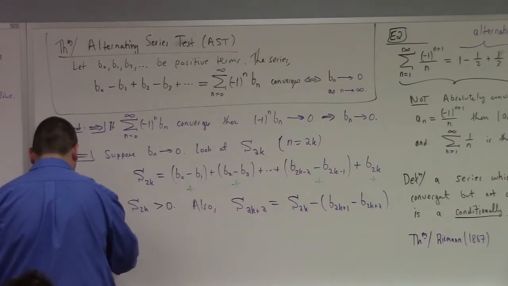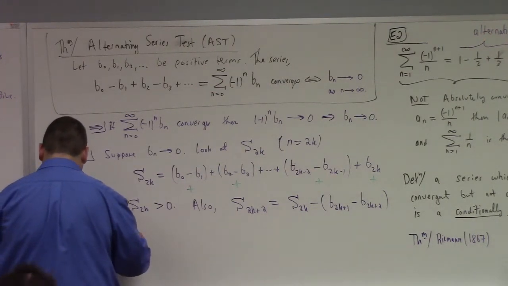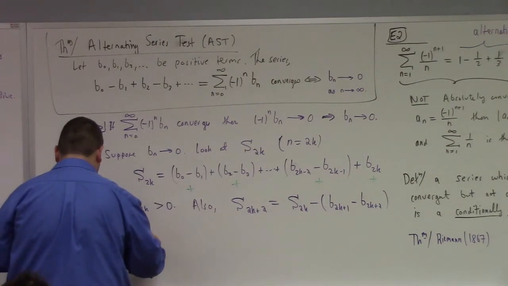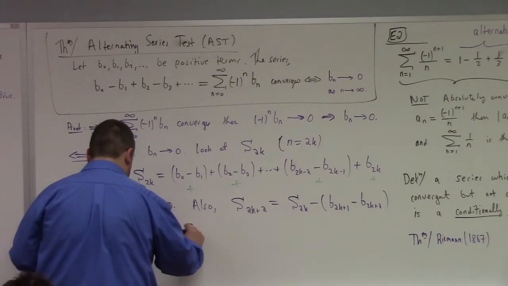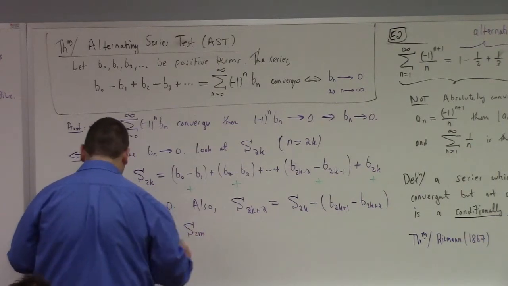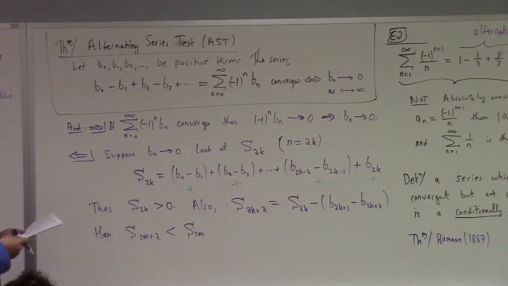Hence, S sub 2m plus 2 is less than S sub 2m. So what's he arguing here? He's arguing that the sequence of partial sums of even index is a decreasing sequence of positive numbers.